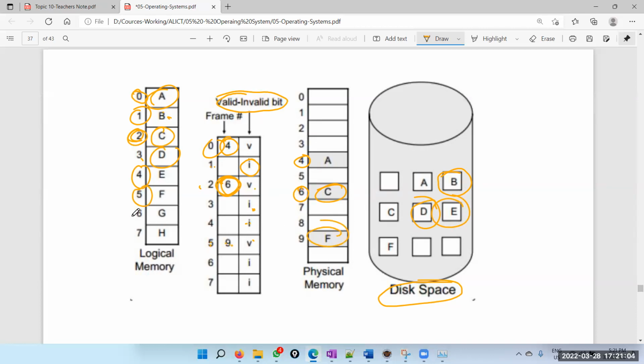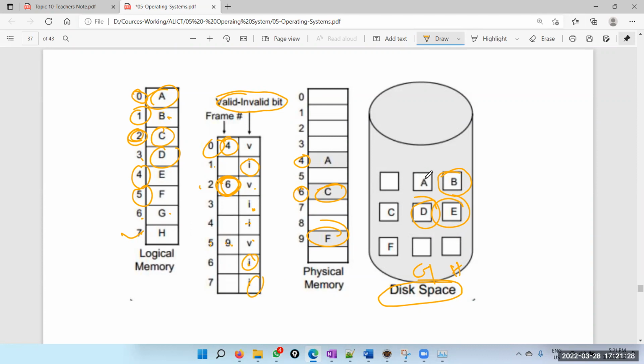And 6 is invalid, so G must be here. This one has not been shown in the diagram actually. H must also be somewhere here because they are all invalid.